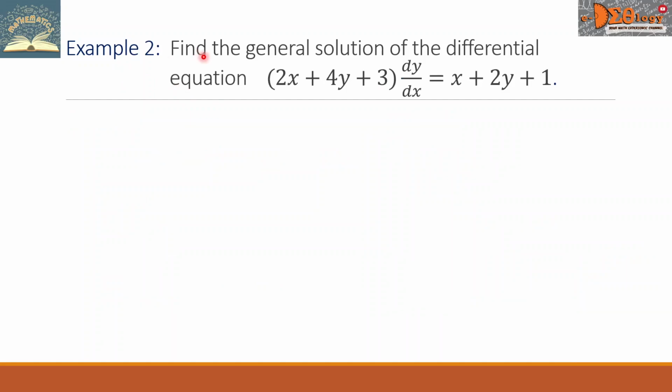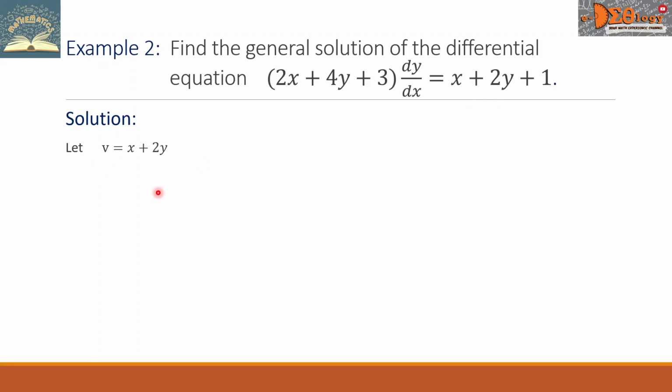Example 2. Find the general solution of the differential equation: the quantity 2x plus 4y plus 3 times dy over dx equals x plus 2y plus 1. So we let this x plus 2y be the v.